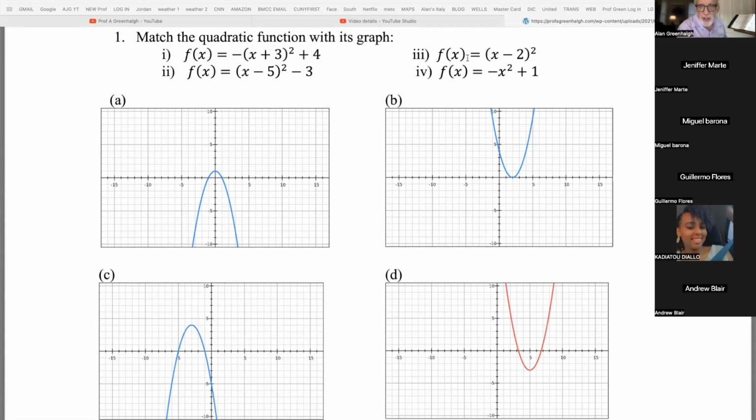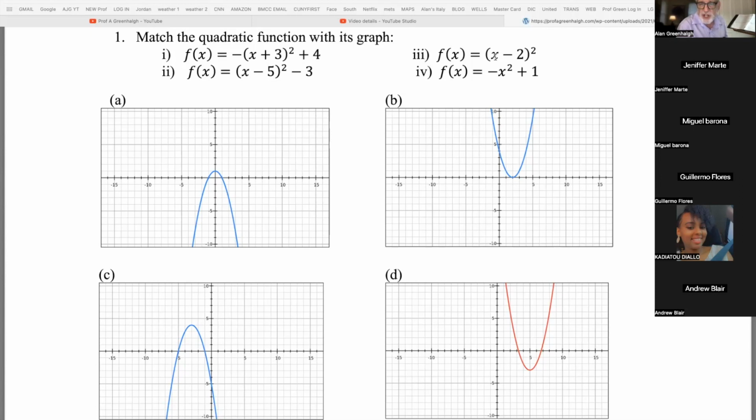Then you have the other two, right? So here they are over here, B and D. Now B has a vertex at (2, 0), when x is 2, y is 0. So the question is, which one, 3 or 4, has a vertex at (2, 0)?